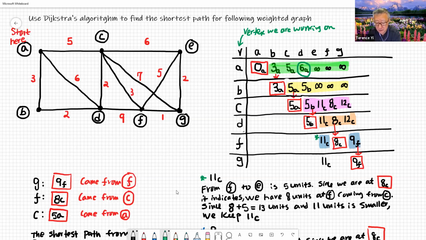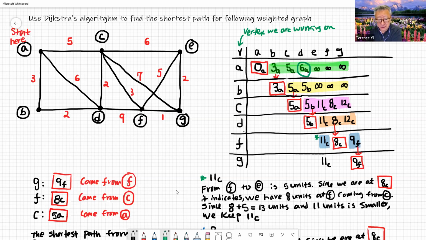Because if you look at it from F, as we mentioned over here, if you are at F and coming from C, starting at A, you are sitting at F here with the 8 units.